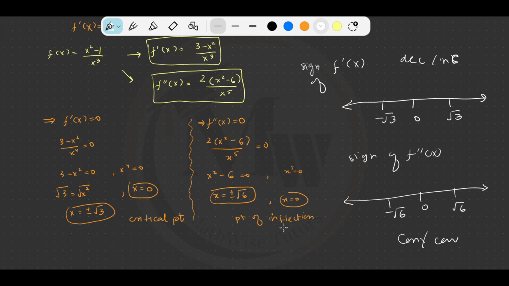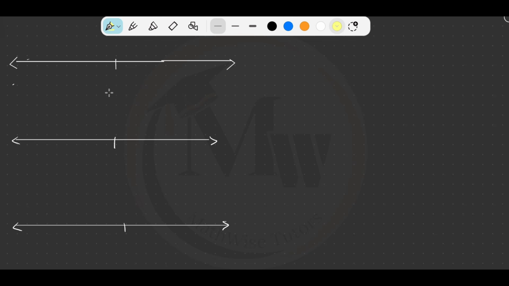Because I told you that points of inflection give us the concave up and concave down, and the first derivative gives us the information about relative maxima and minima, which can also be obtained by understanding the decreasing and increasing intervals. So first we check which interval is decreasing and which interval is increasing. That helps us to identify the relative extrema. I'm going to redraw all the intervals after finding all the things that we have done above: intercepts, asymptotes, first derivative, second derivative, points of inflection, and critical points.